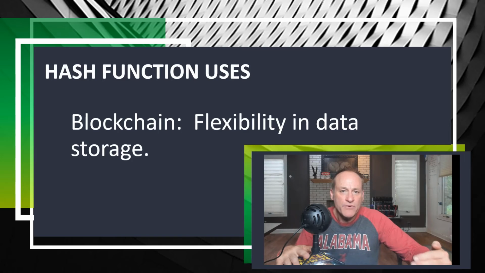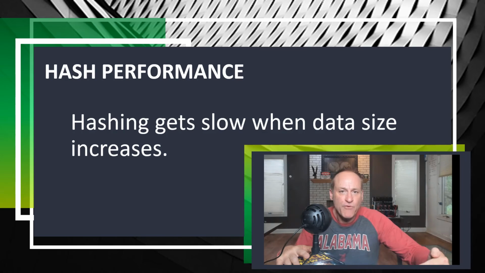Next thing I want to talk about real quick is performance of hash. Hashing gets slower when the size of the data increases. So if I'm running a SHA-256 hash on, let's say, 1K of data, and then I run that same hash against let's say 100 megabytes of data, the performance of the hash gets incredibly slow because it actually has to go through all that data and compare data and combine data, and hashing performance gets really, really slow as data size increases.